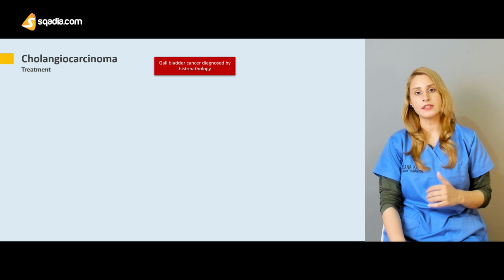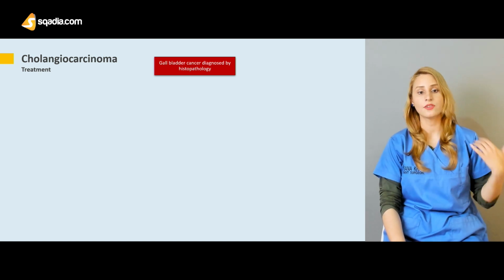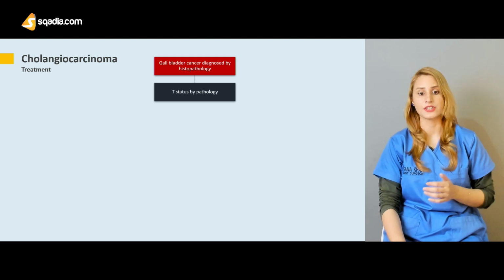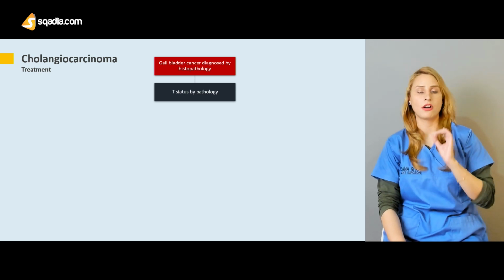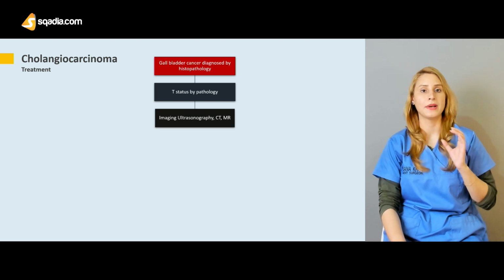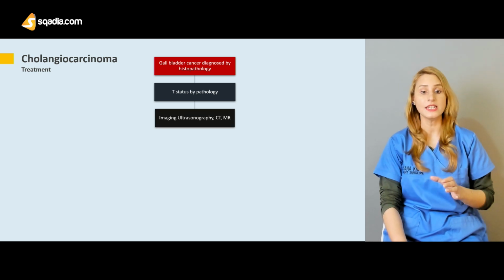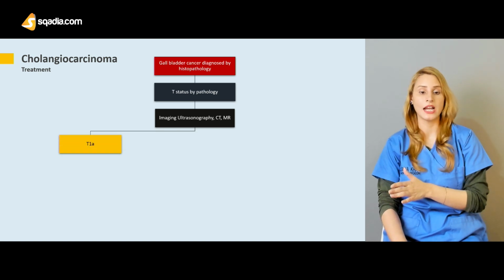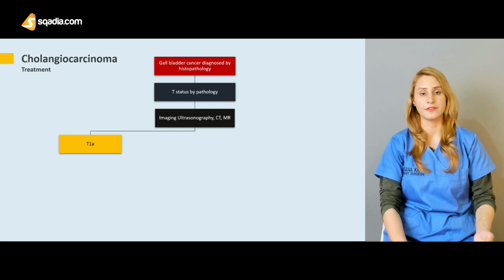There are a few algorithms which you need to follow, okay? So if the gallbladder cancer is diagnosed by histopathology and you are well sure about the T status by pathology, and imaging, ultrasonography, CT and MRI is going to help you with the staging.